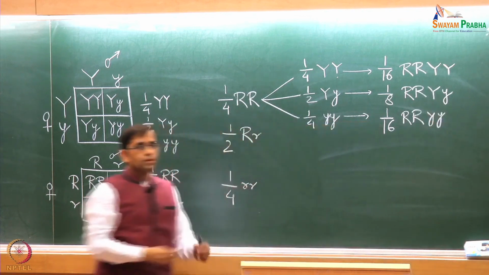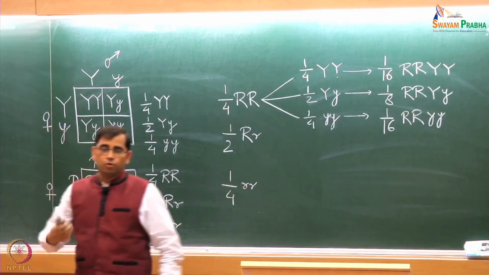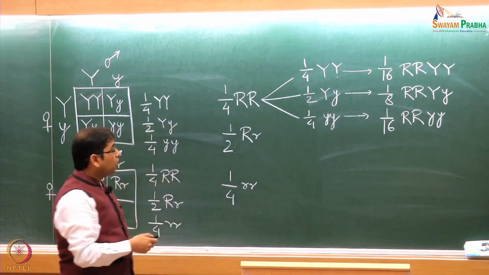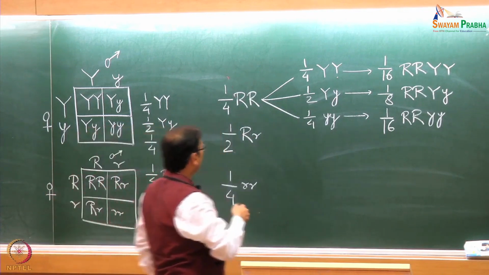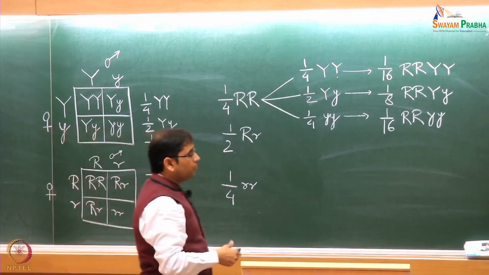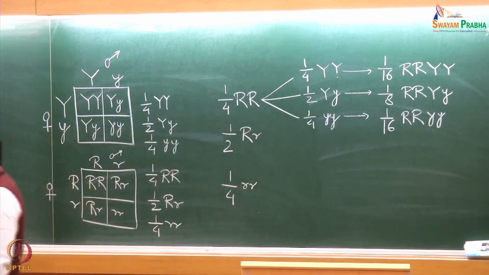All right, so what you can see now is that if you would have done the Punnett square, it probably was much more tedious for you to fill that Punnett square. But now if you look at individual probabilities first and then multiply those, you can derive each of the gametes, what will be the genotypes and what is their probability in the F2 generation.